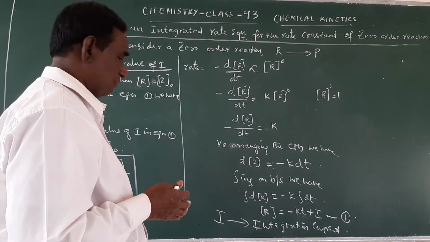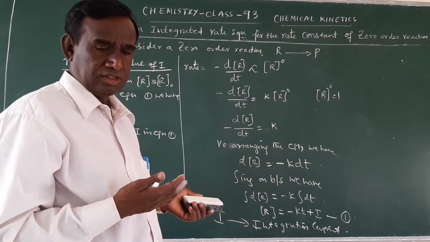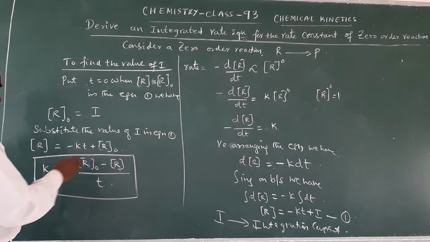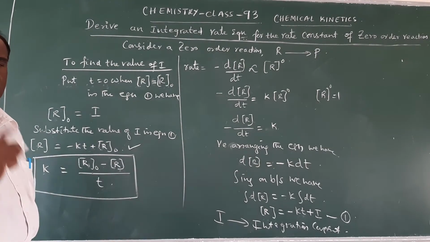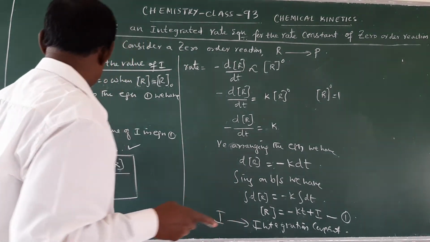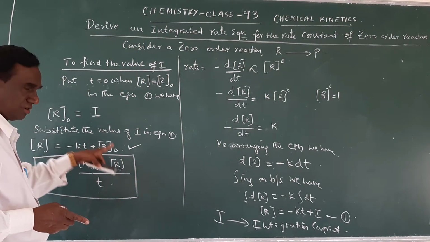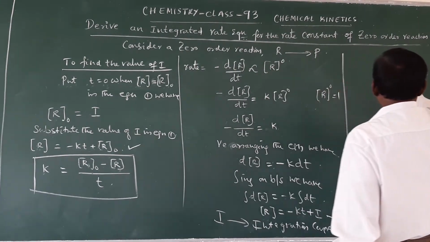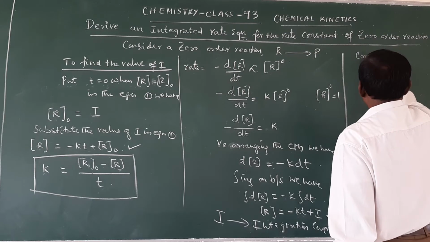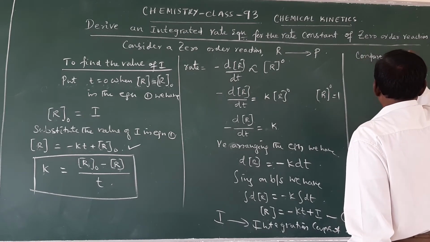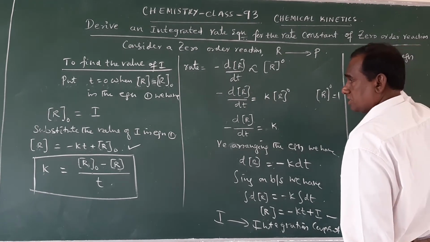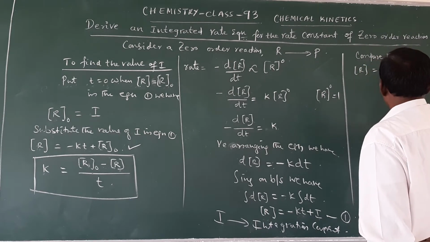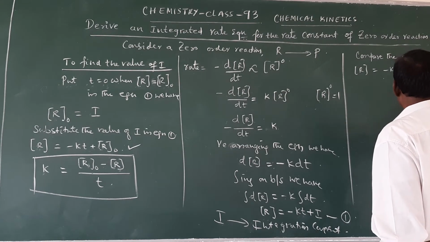After that we see this equation, that is, the concentration of R is equal to minus k t plus R naught.